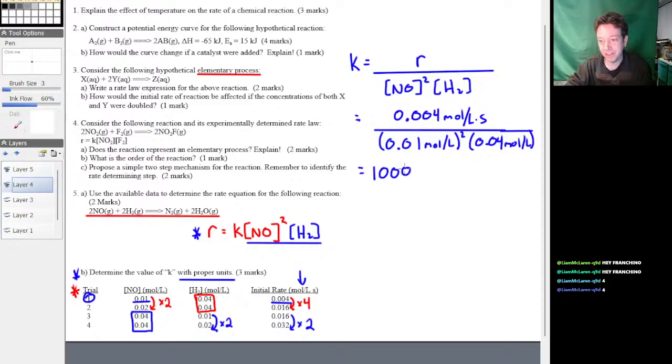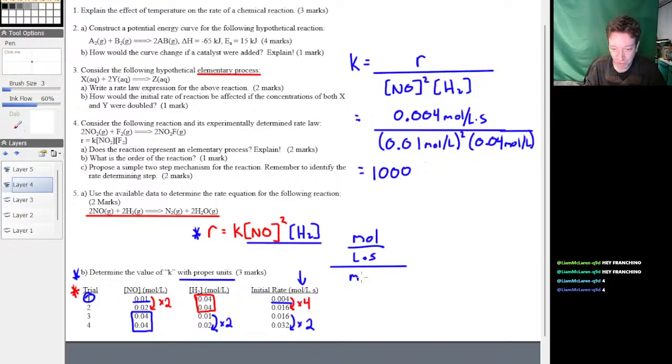All right, so what are our units? So let's look at our units. I'm just going to do this with a couple more steps. We'll do it down below. So we have moles in the numerator per liter second. And then we're dividing by, in the denominator, moles per liter squared multiplied by another moles per liter.